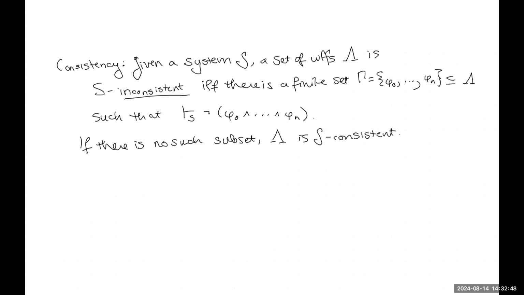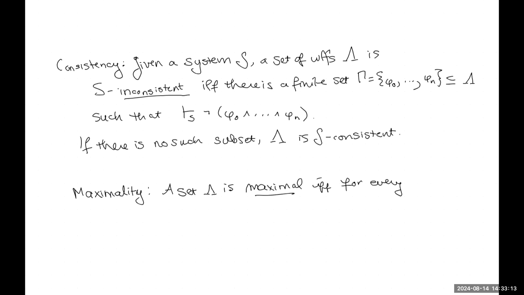The second definition is maximality, and it's again going to be a property of sets. So this one is really lovely and easy to specify. A set lambda is maximal if and only if for every well-formed formula phi, either phi is a member of lambda or not phi is a member of lambda.